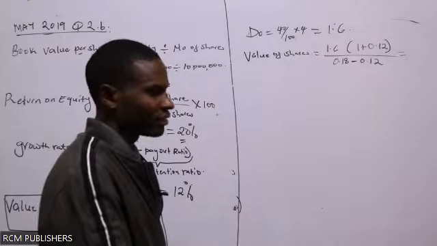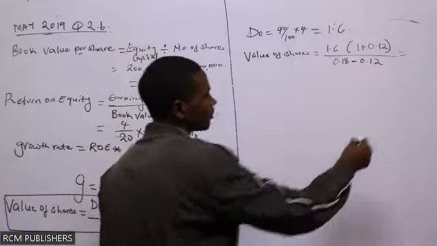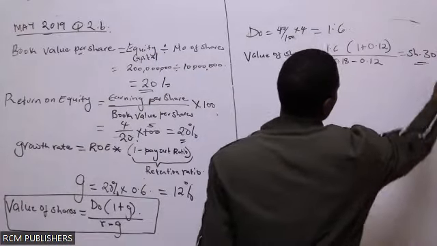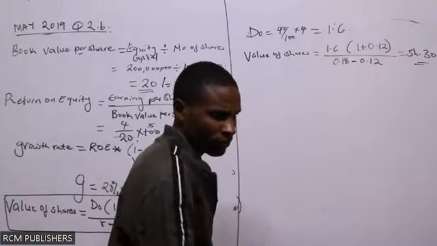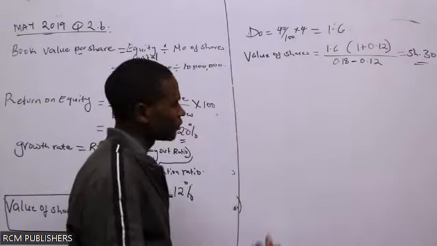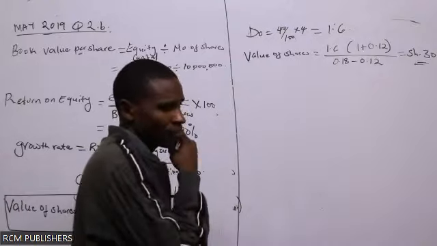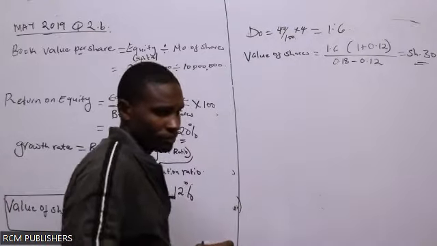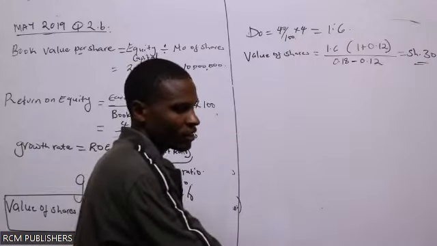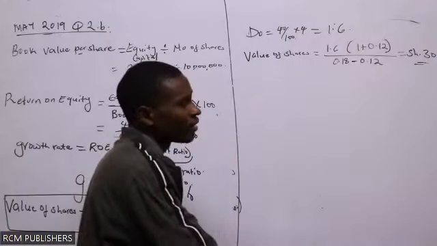It's like 30 shillings. Let's say 30 shillings. So class, that's okay. Let's have a break of, let's say, 7 minutes. So by 6:35 we are back, and then we complete that.